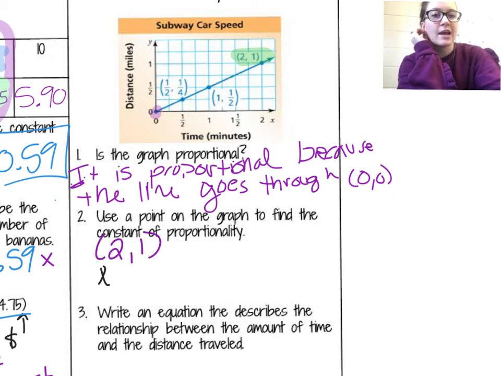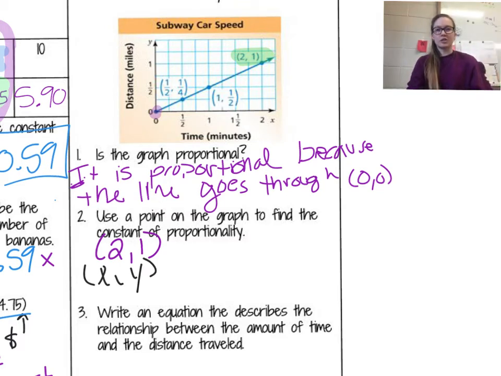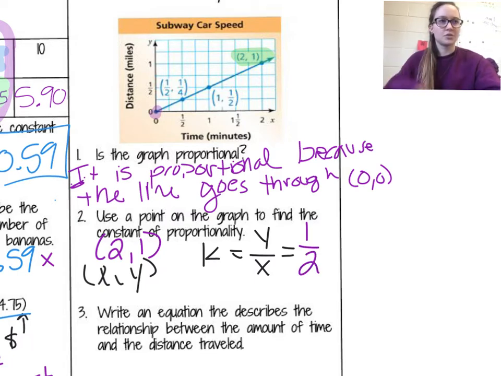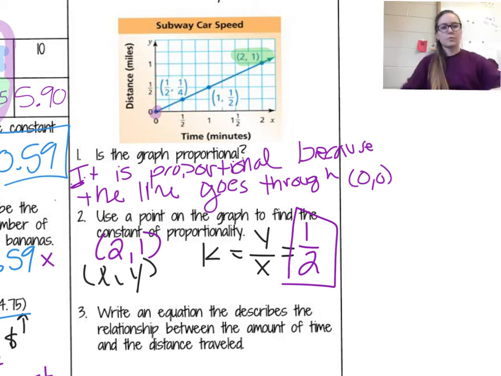Remember that this is x comma y to find my constant of proportionality, to find the relationship between those. So k equals my y value divided by my x value. Our y value is 1, x value is 2, it's just 1/2. Bam, okay?